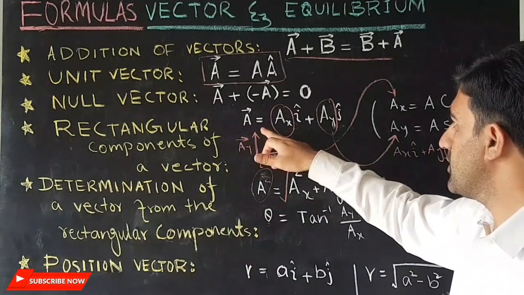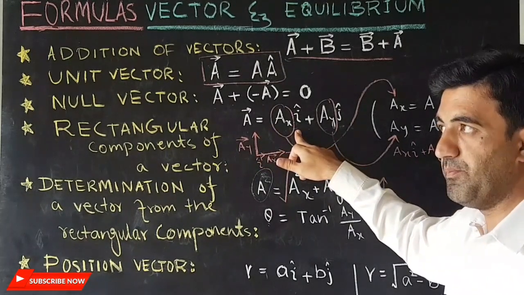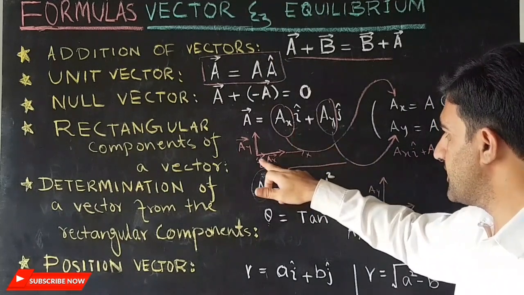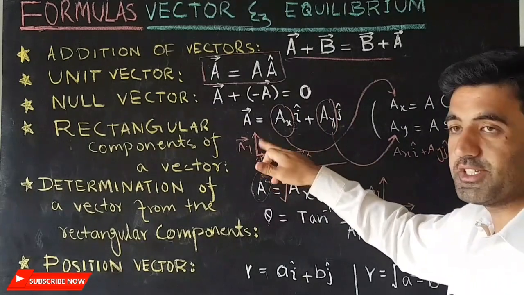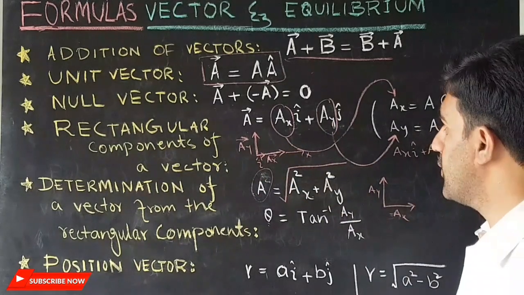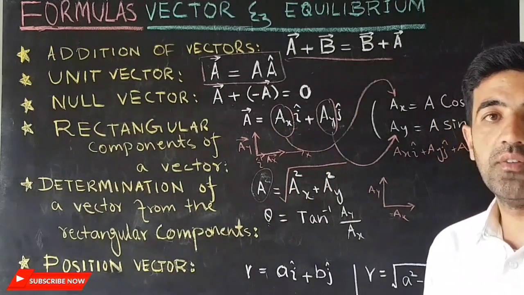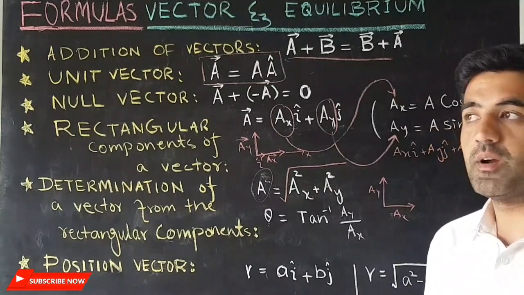It means that a rectangular component of a vector is equal to its horizontal component. Here i represents the horizontal component while j represents the vertical component of a vector. Therefore, a vector in its rectangular form can be written as a combination of its horizontal component plus vertical component.